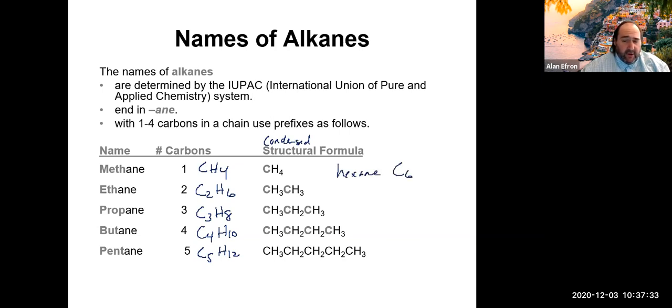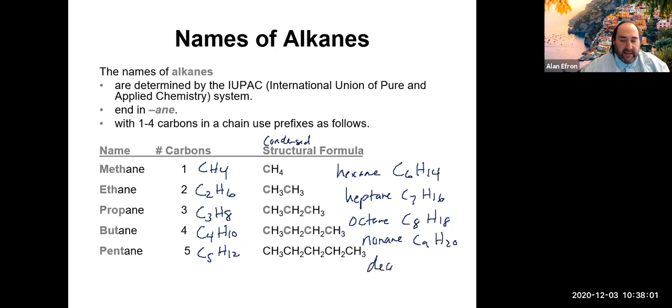Hexane is 6 carbons, and it would then have 14 hydrogens. We then have heptane, 7 carbons, which means it should have 16 hydrogens. We would have octane, which is 8 carbons, which means it should have 18 hydrogens. We have nonane, which has 9 carbons and 20 hydrogens.